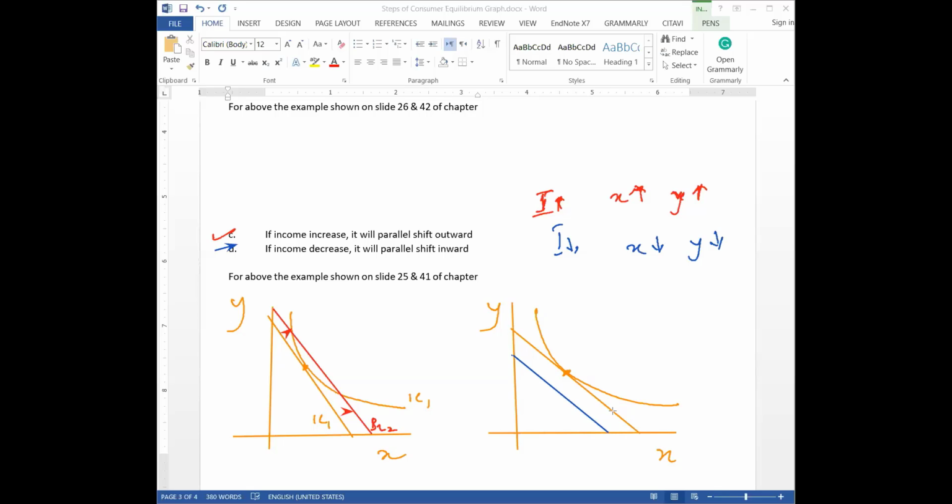If I draw arrows, it will confirm that it is going inward. But I should make sure I label it BL2 and the old label is BL1, IC1. So up till now what we have discussed is, let me save it and then discuss here.